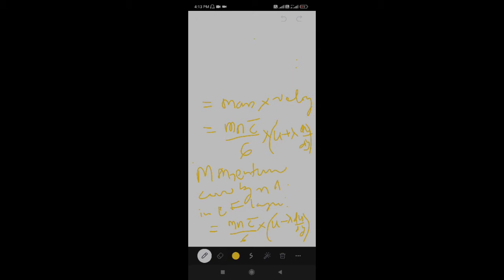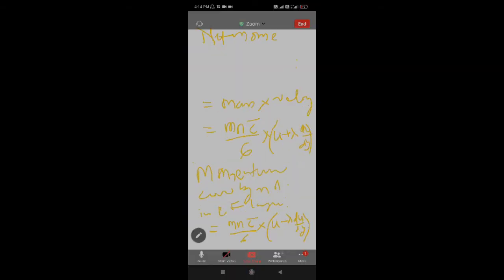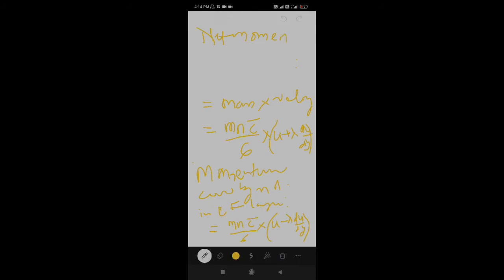Net momentum transfer or change is equal to higher momentum minus lower momentum. Now what are you going to get if you subtract this one from this one?